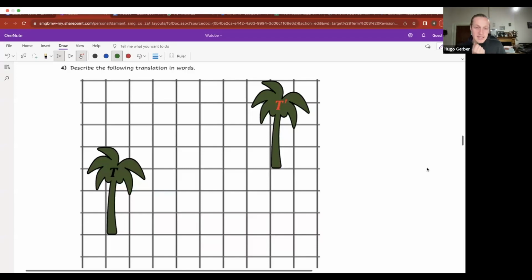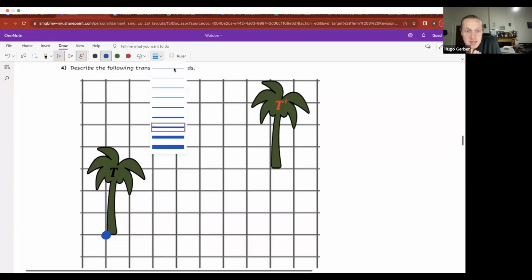So let's get a reference point. I'm going to use the bottom, let's call this a palm tree, and let's work in blue for a change. I'm going to use this one just because it's easy. And obviously the shape didn't change size or anything. So where this corner moved, where this little point moved, all the rest moved in relation, the same steps. So this moved, let me just make my pen a little thinner.